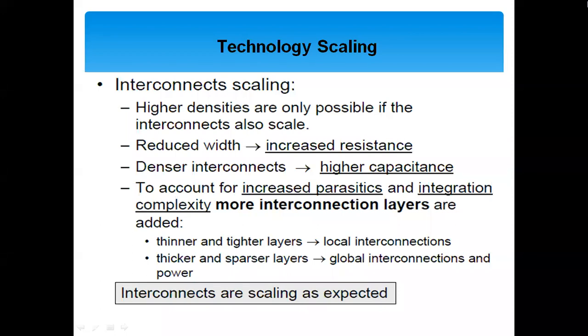What are they? Resistance will get increased, right? Why will resistance get increased? What is the equation of resistance? Rho into L by A. This rho means resistivity. Resistance is equal to rho into L by A. L is the length and A is the area of cross section.